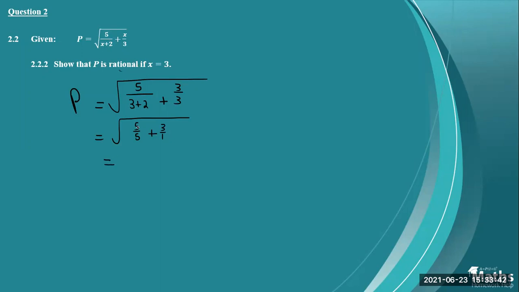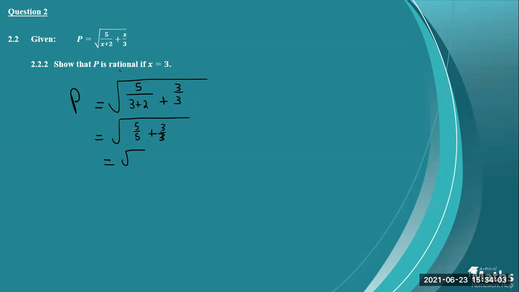So then this would be 1 plus, what am I doing here? If x is equal to 3, this will be 3 over 3. So this will be 1 plus 1. This one is not working. So that p is rational.